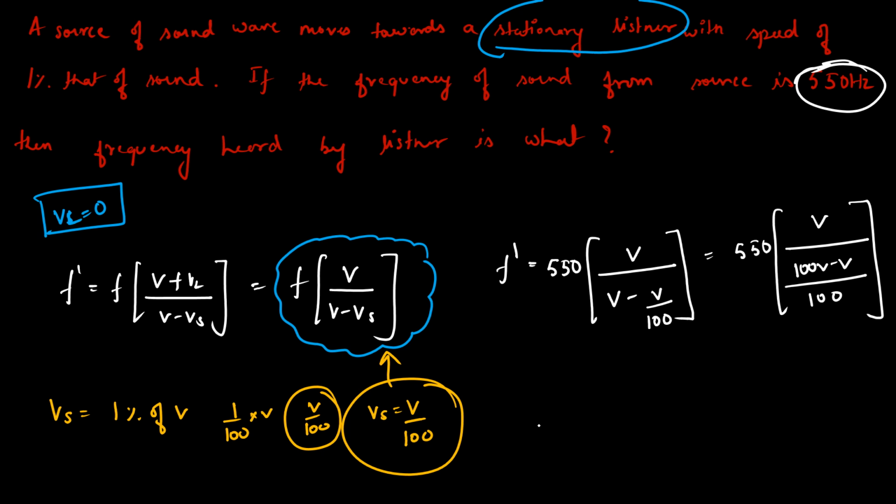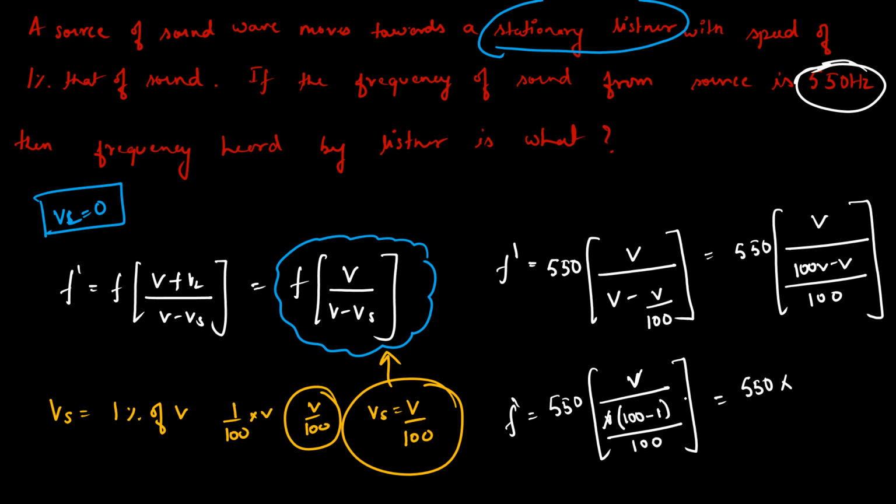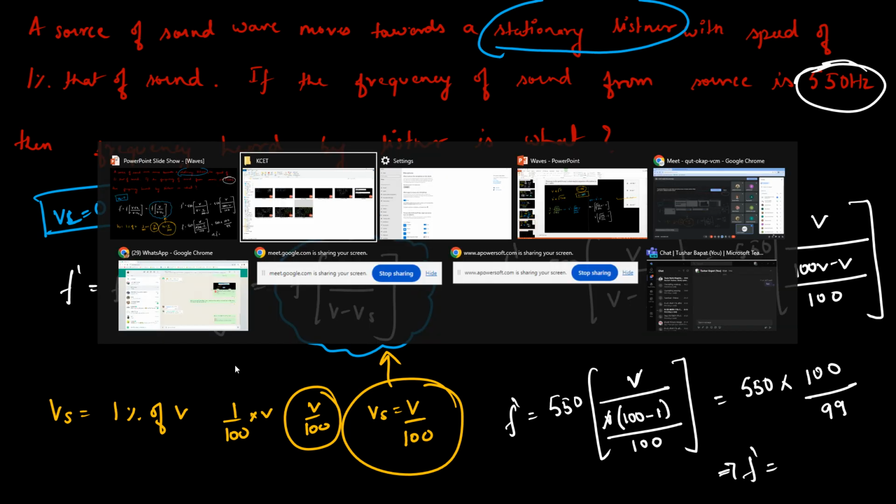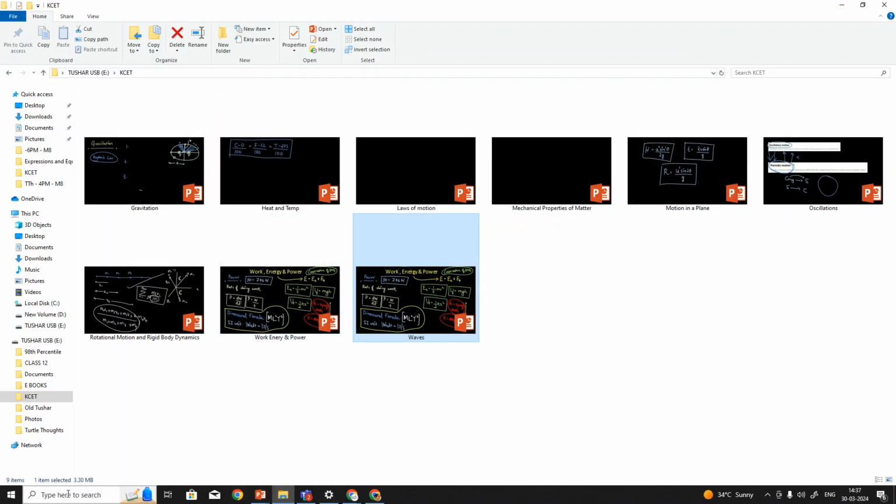V can be taken as common, so V and V cancel out. The answer is 550 multiplied by 100 divided by 99, which will give you the final f dash value. Again, I will go back to the calculator.